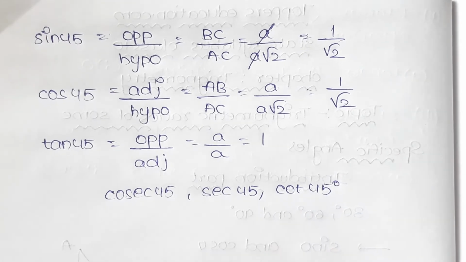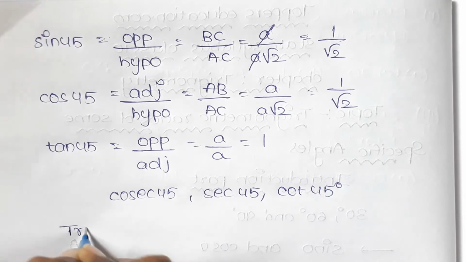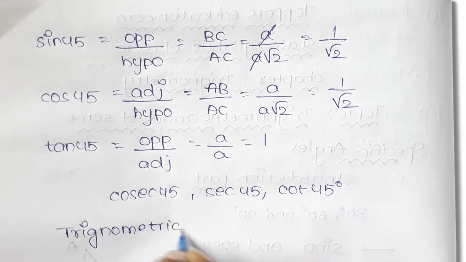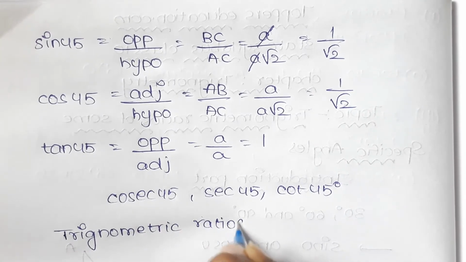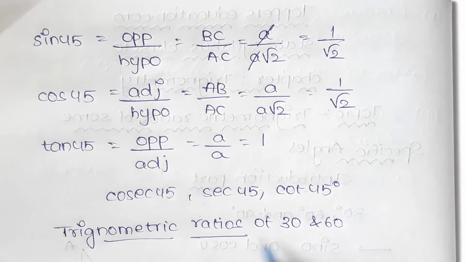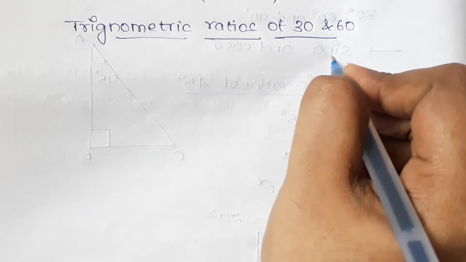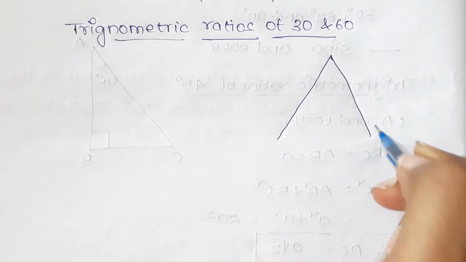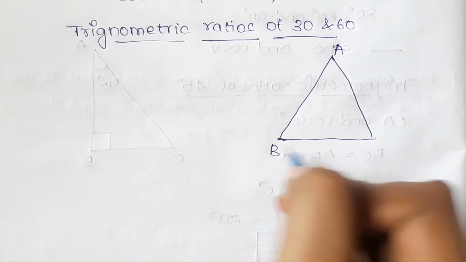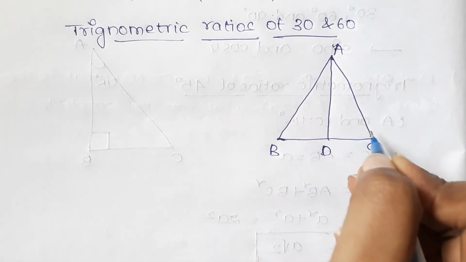And now let us see the trigonometric ratios of 30 degrees and 60 degrees. Let us draw the triangle, here it is the triangle A, B, C and D. Here it is two right angle triangles.